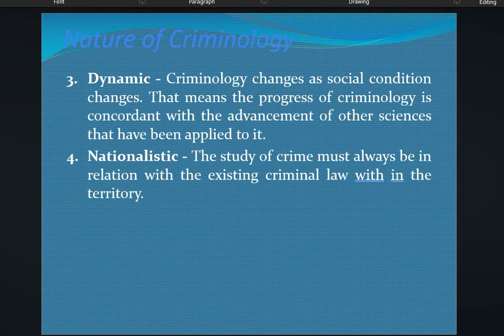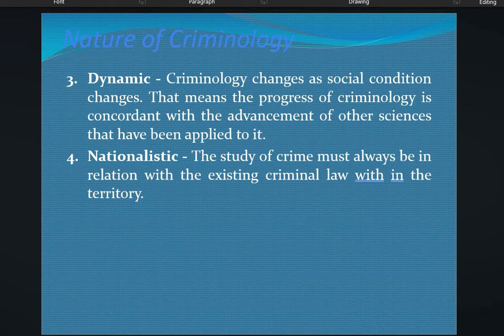Number 3, criminology is dynamic. Criminology changes as a social condition changes, nagbabago. Diba yun yung sabi natin kanina? Nagbabago siya from time to time. Nagbabago siya from one place to the other. Hindi siya consistent, hindi siya permanente, it changes. Okay? So, dynamic, nagbabago, what else? Evolution.